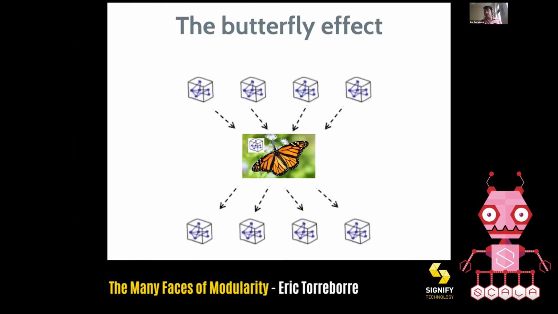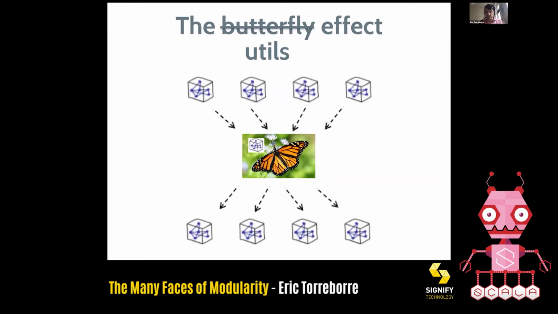And in particular, what you want to avoid is what I call the butterfly effect. You really want to avoid having in your component graph one component being in the middle of everything, because that component is going to break your system very frequently. That component has many reasons to change because it depends on many other components. And in turn, if that component changes, it can break many other components. Sometimes you find this kind of effect when you're using a utils component, where you can put everything that you think is kind of non-essential, but brings with it lots of different dependencies.